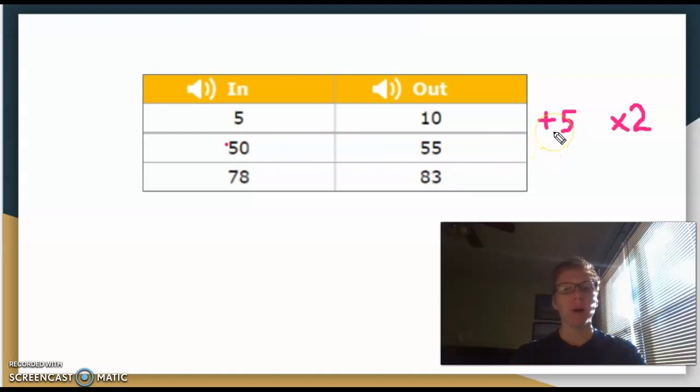We've got possible rules of adding 5 or multiplying by 2. I know if I add 5 to 50, I'm going to get 55, right? If I multiply 5 by 2, it's 100. And that's not the number I got. So I know my rule is almost for sure adding 5.